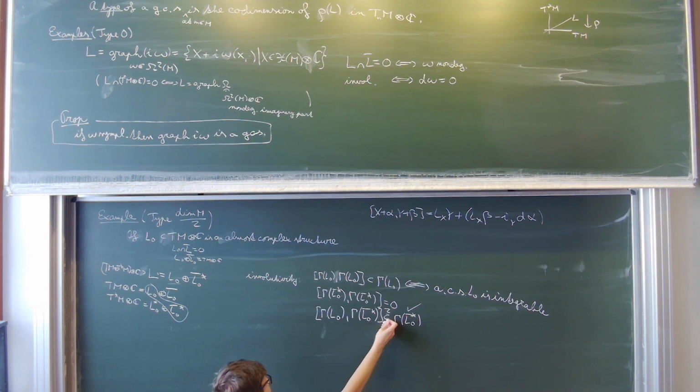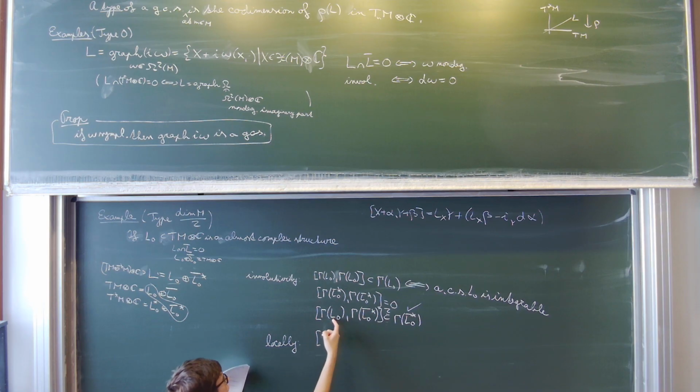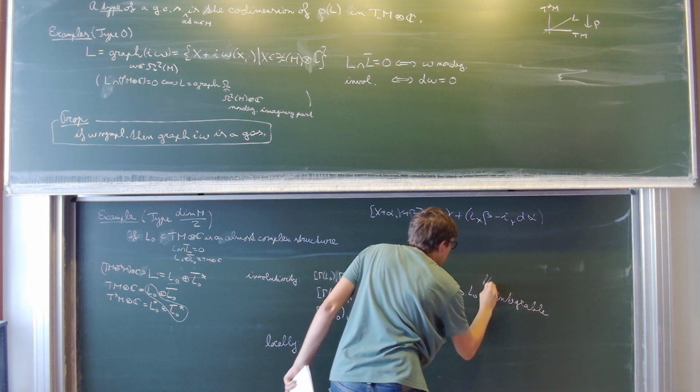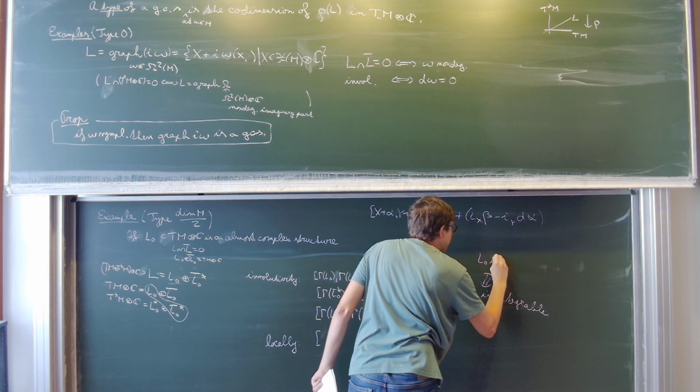This is the only thing remaining to check. Let's check that. Let's take a general section in here, locally. Recall that if we have an integrable thing, it's the same as saying that L0 is really a complex structure.